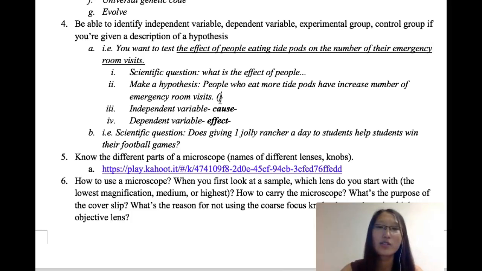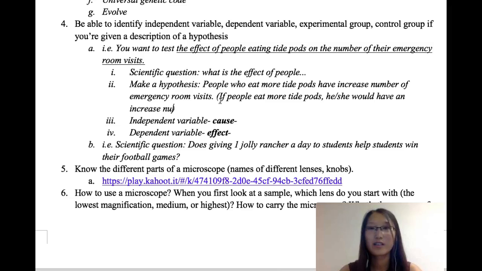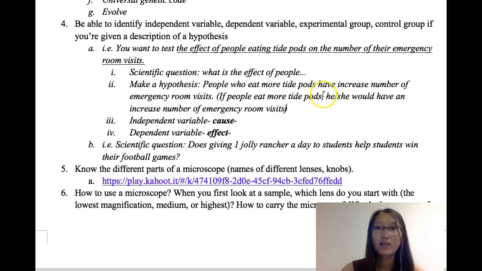One way to do this is to change the sentence into an if-then statement. Then you can see the cause and effect a lot more clearly. So it's going to be changed into: if people eat more Tide Pods, then he or she will have more emergency room visits.